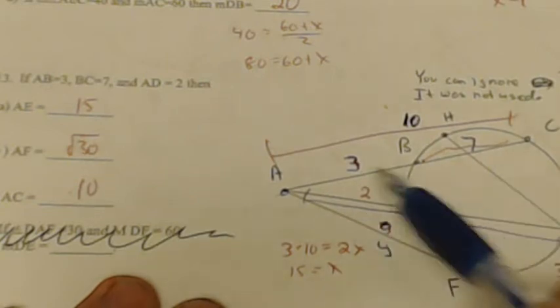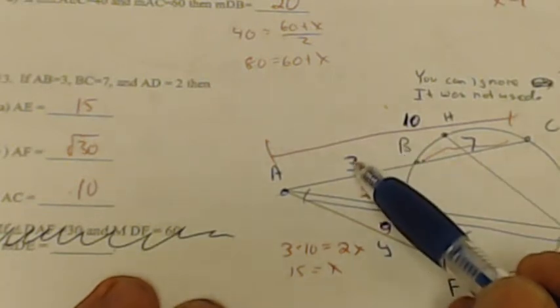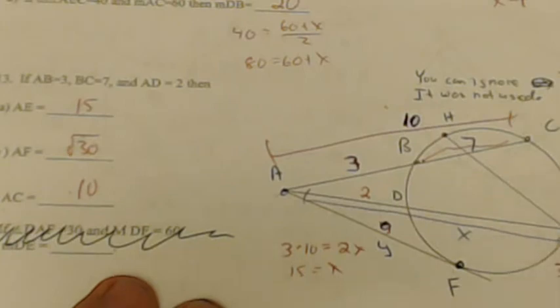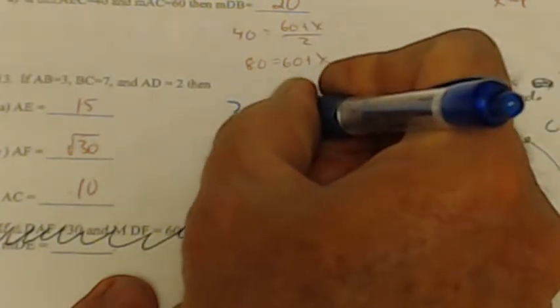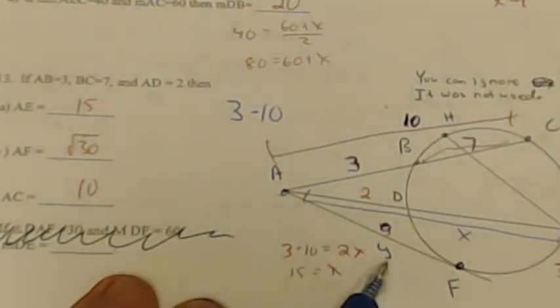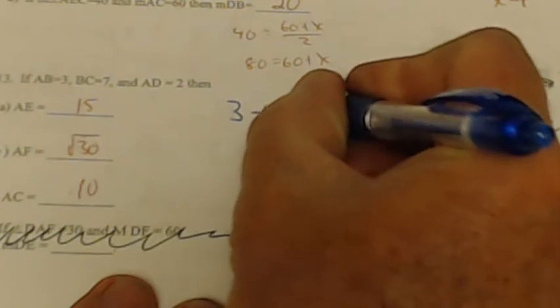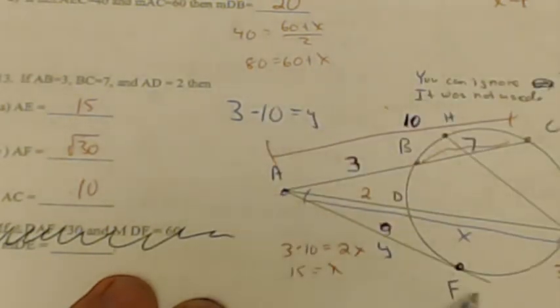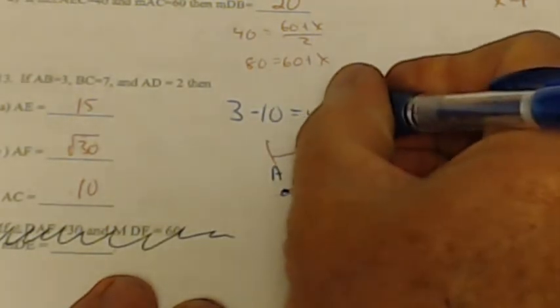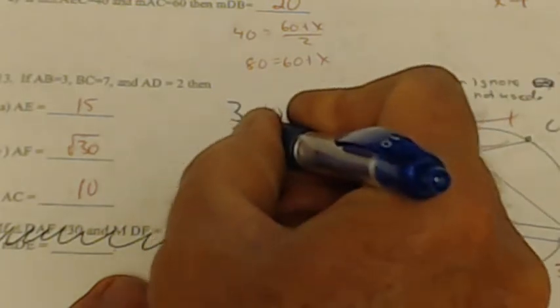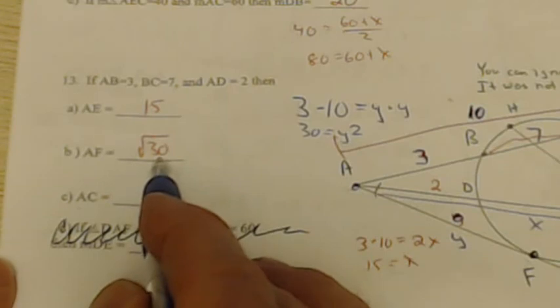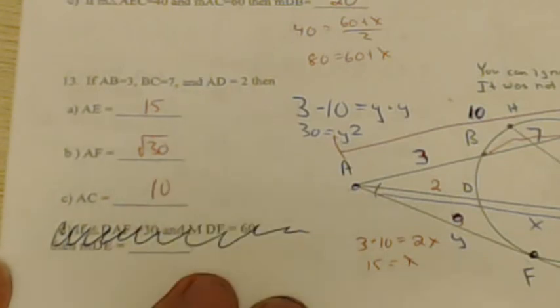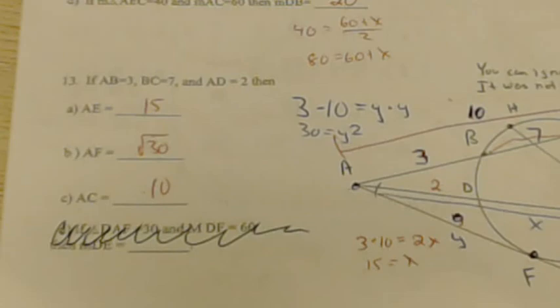So now what you've got is that part outside, 3, times the whole length up there, 10, equals part outside, y, times whole length, which also we use y in that case. So what you get is that 30 equals y squared, and you can see our answer there. AF, which is our y, is the square root of 30. And that takes care of this quiz.